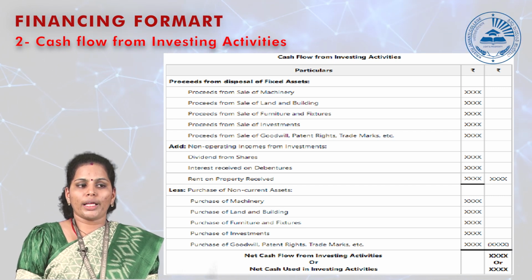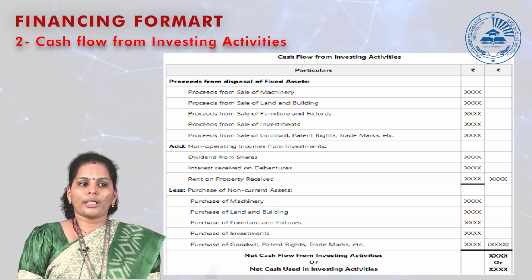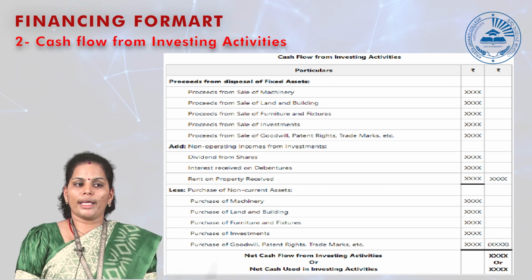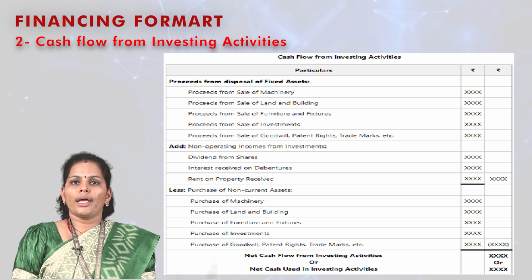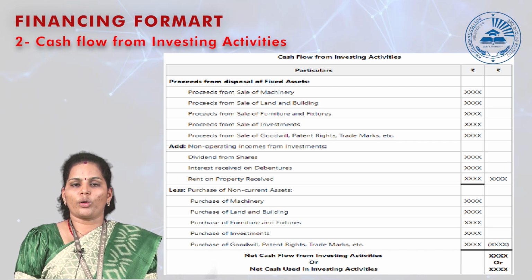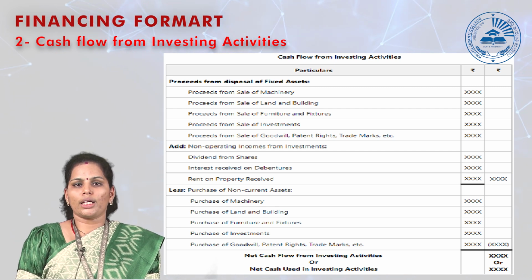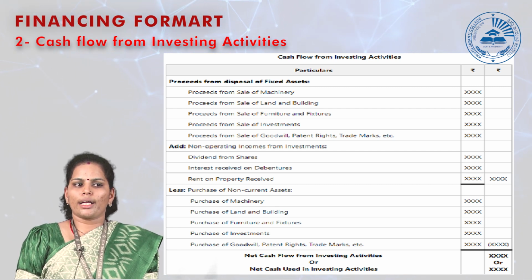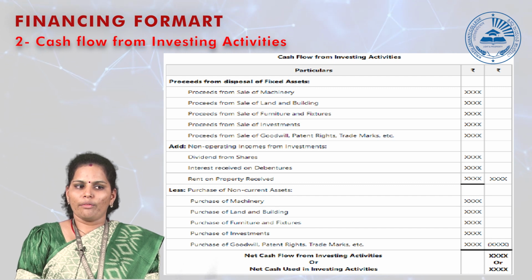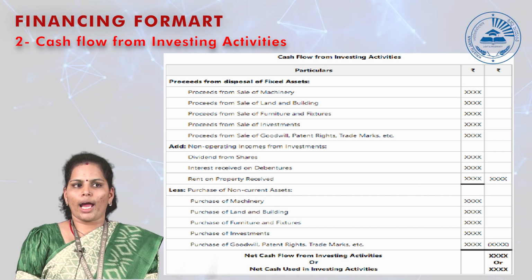Then whatever you are investing, for example purchase of machinery, land and building, furniture, investment, it is cash inflow minus cash outflow connected with the investing activity, everything together. Then you will get net cash flow from investing activity or cash used in investing activity.